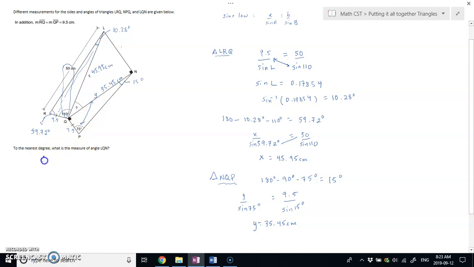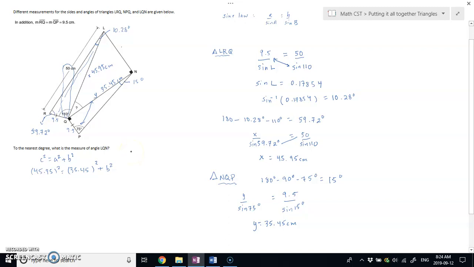Pythagorean theorem tells us that c squared equals a squared plus b squared. And we have the hypotenuse. We have one of the sides. And we're missing that final side. So side L to N would be like B.